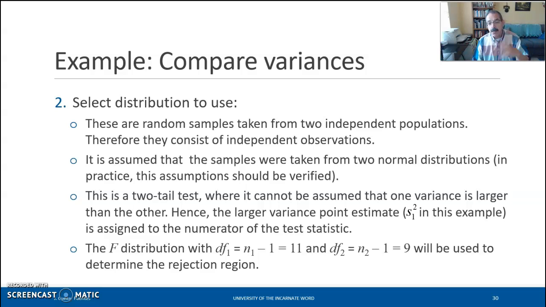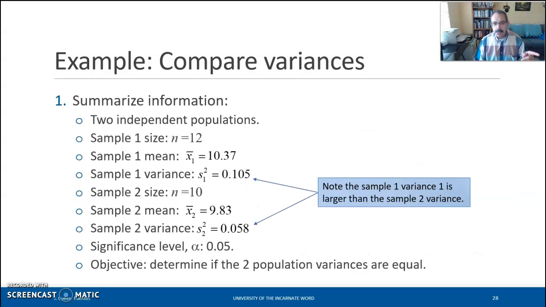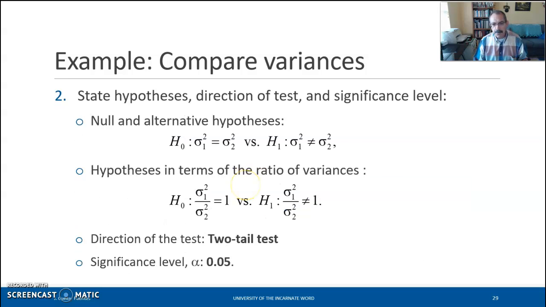So we're going to rely on the point estimates to determine which variance goes in the numerator of the test statistic and which variance goes into the denominator. As we saw here, the variance for the first sample is the larger one, so that will go in the numerator, and the second one will go into the denominator.